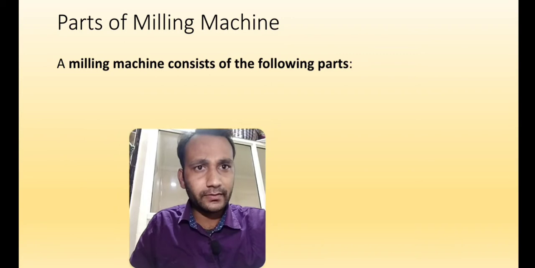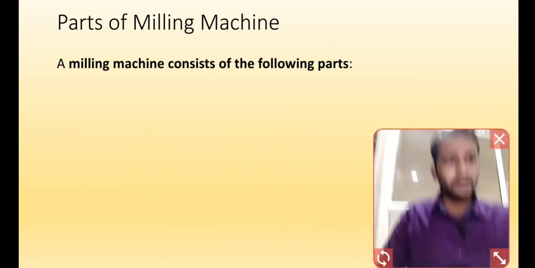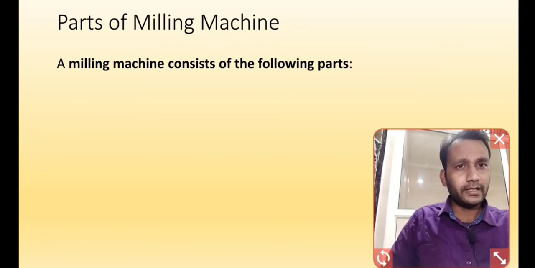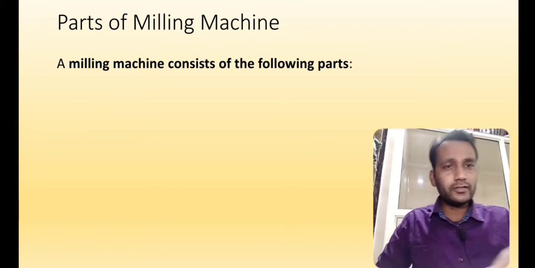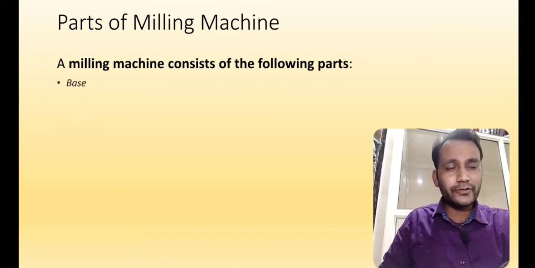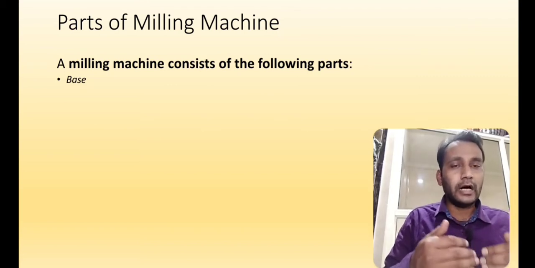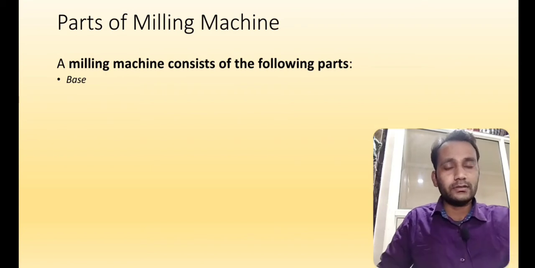So these are the following, and firstly I'll show you the names. Secondly, I'll discuss the details about those components. The first component is the base, and first let us list out the components. Later we'll see how they function.